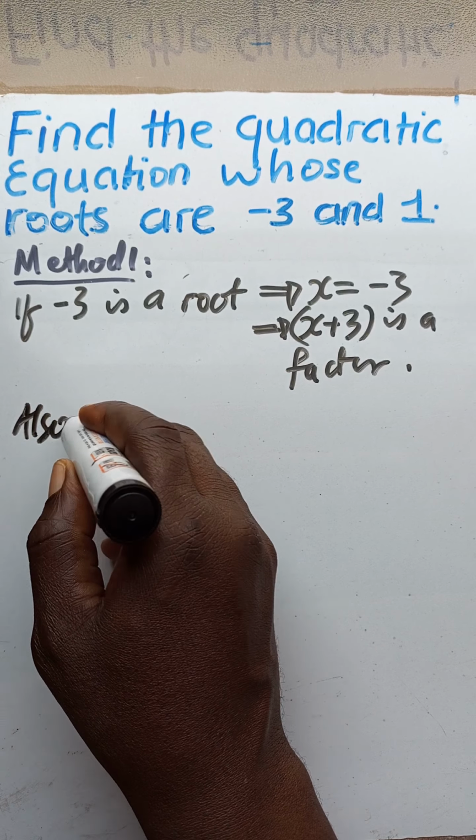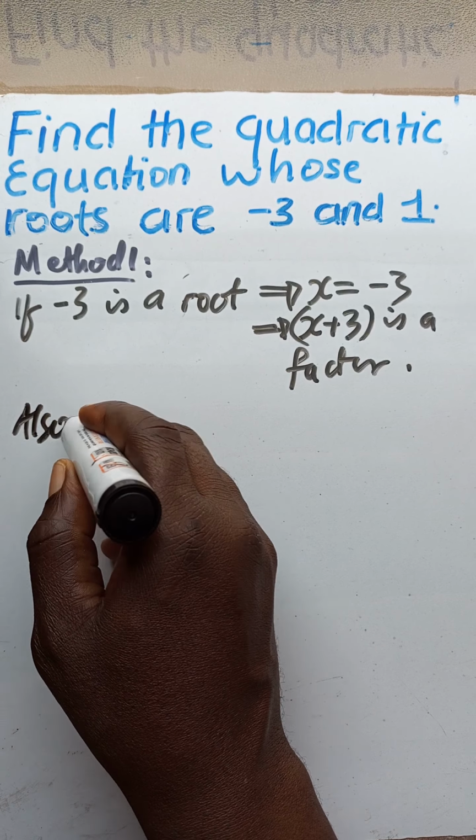This is method 1. Method 2 is the method that goes with the relationship between the coefficients of the given quadratic equation and the given roots.